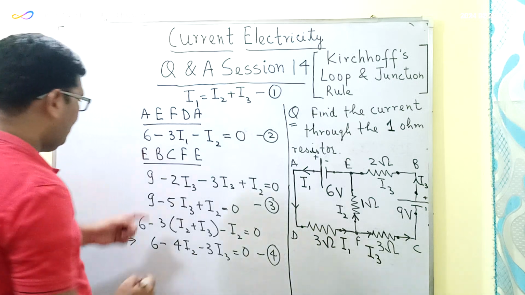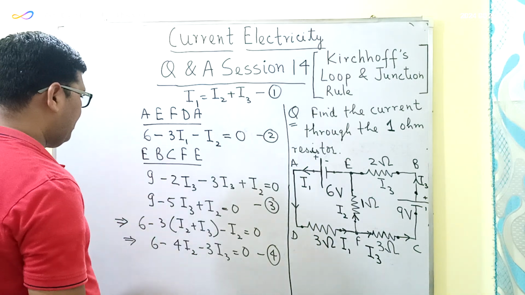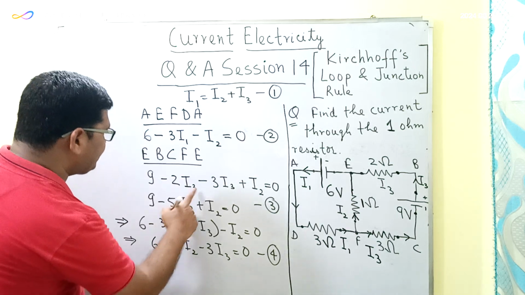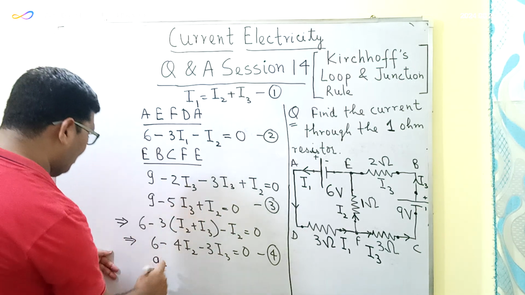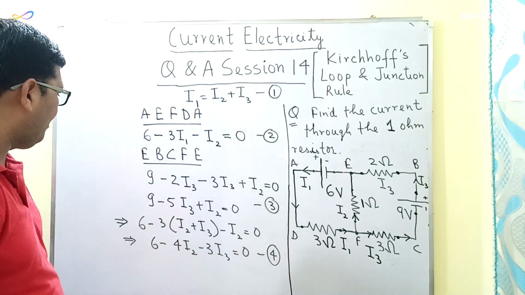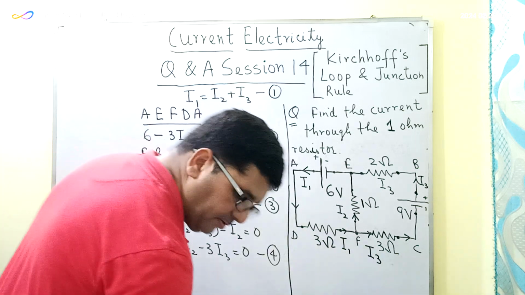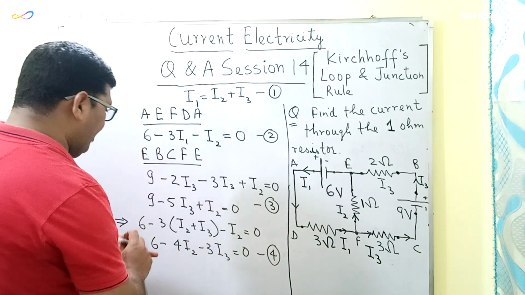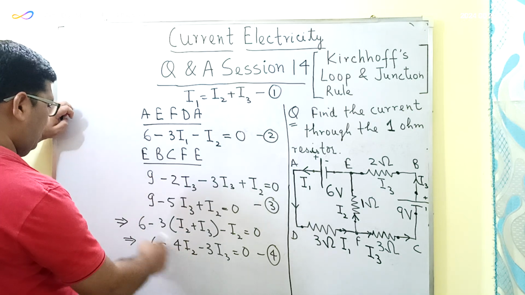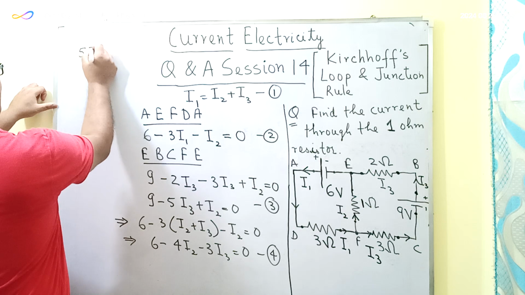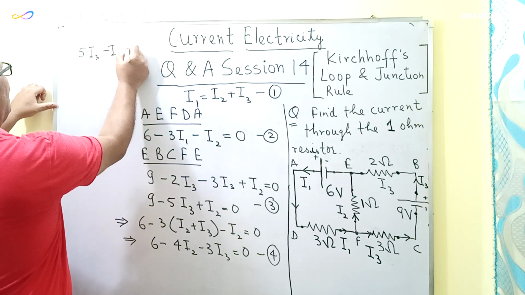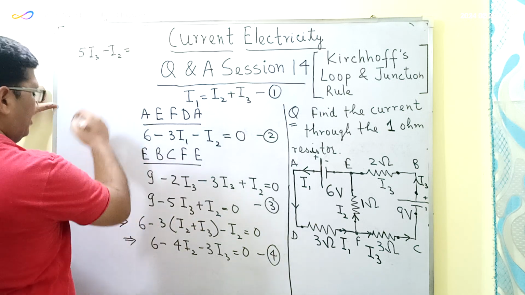Okay. Now this equation number 3 can also be written as 9 minus 5I3 plus I2 equal to 0. So from this equation number 3, I will get 5I3 minus I2 is equal to 9.